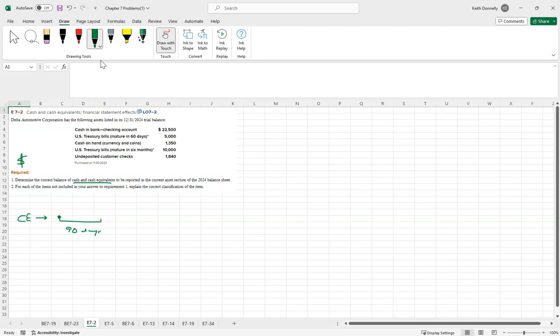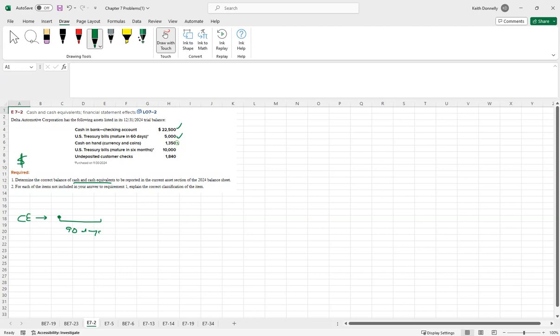So if we run through these, what meets this criteria? Well, cash in the bank, that's cash. U.S. Treasury bills that mature within 60 days, and it looks like they were purchased on 11/30. We're at 12/31, so that's going to meet the idea there.